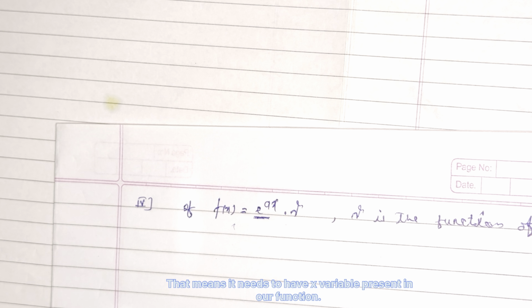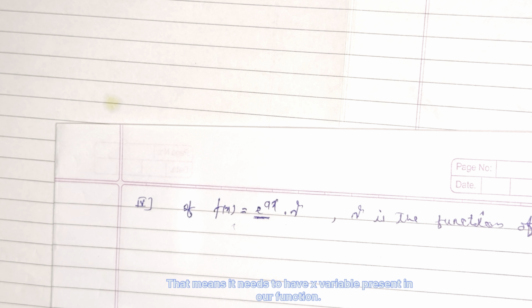Actually this one is not f of x, it is phi of x. Similar to my previous lectures, I give the notation phi of x to the right hand side of our given function. So whenever we have the function phi of x equal to e raised to ax into v, v is a function of x here.